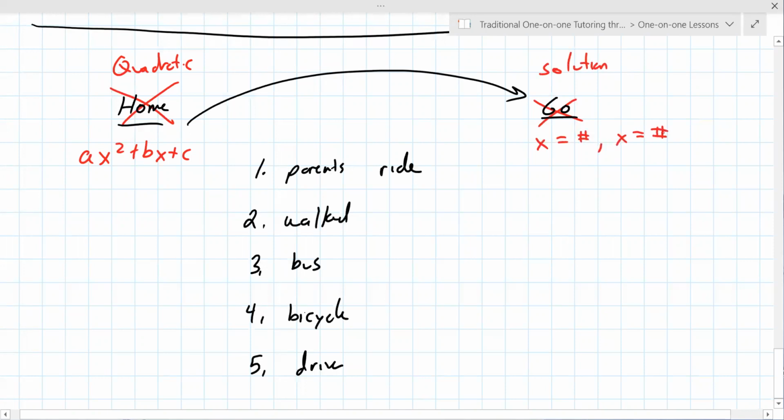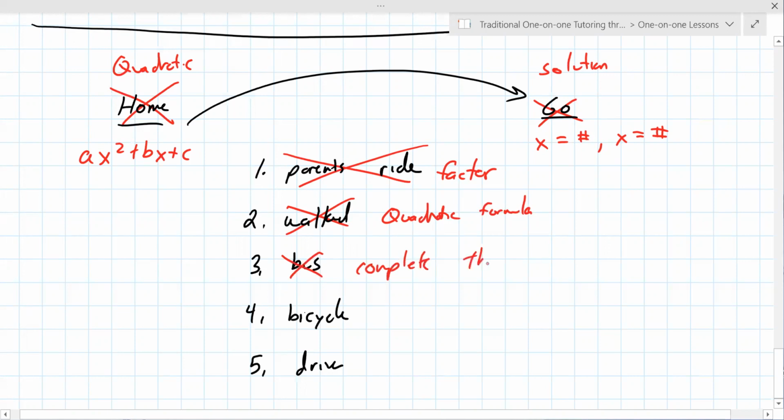Instead of this, you could factor. Instead of this, maybe you could use the quadratic formula. Instead of this, you could complete the square. Another one, you could graph. Each of these represents a particular way to solve a quadratic.